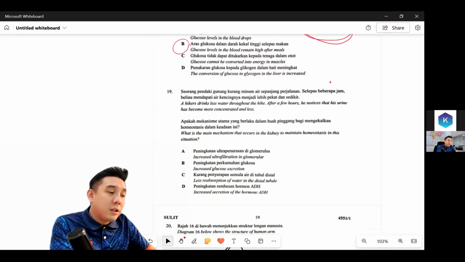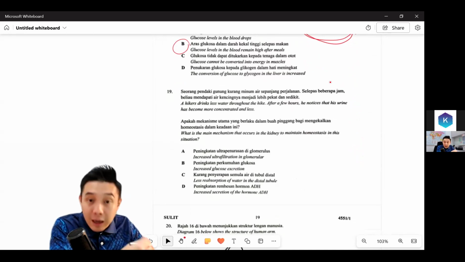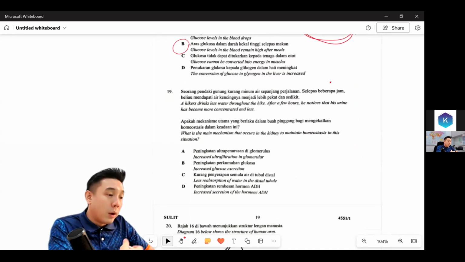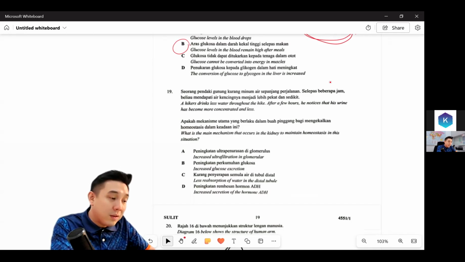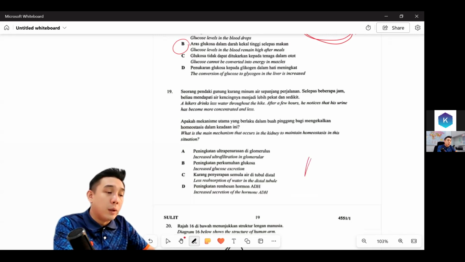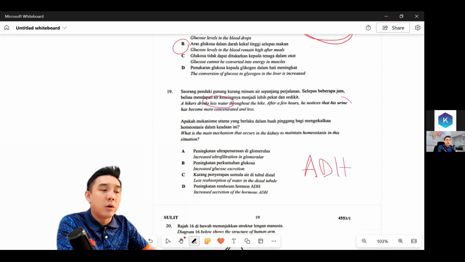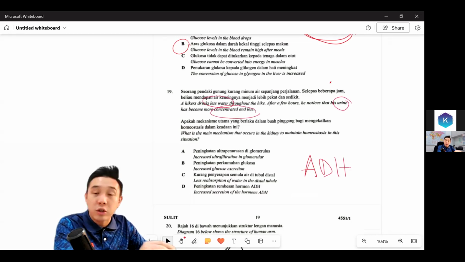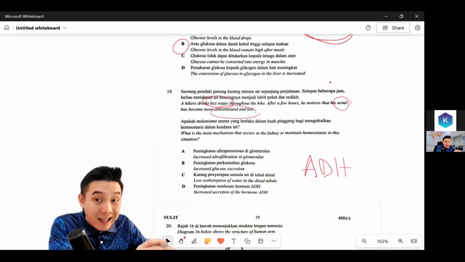A hiker drinks less water throughout the hike. He noticed his urine is more concentrated and lesser. What is the main mechanism that occurs in the kidney to maintain homeostasis? This one sure has something to do with ADH because we are talking about water, we are talking about urine, especially it being concentrated and lesser.